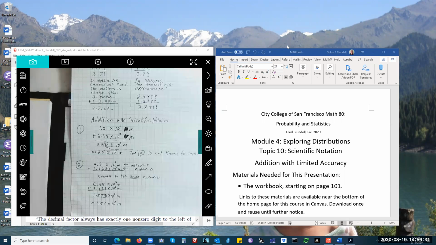So I go to the bigger power. The 3 is a bigger exponent than the 2. And so I take the 4.5 hectometers and I turn it into 0.45 kilometers. And how you do that conversion is illustrated in another video.